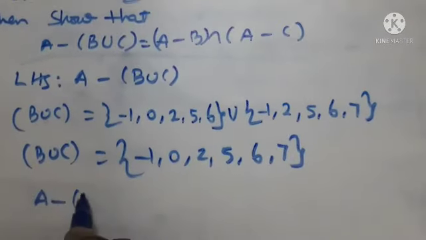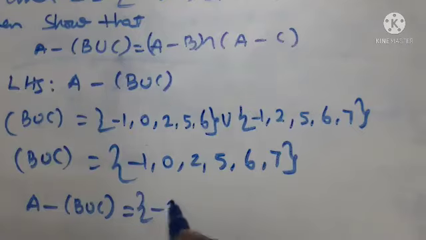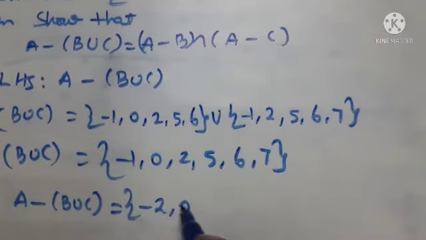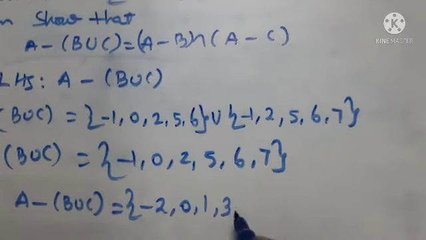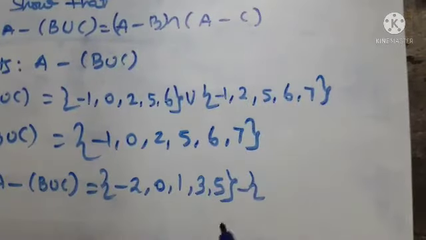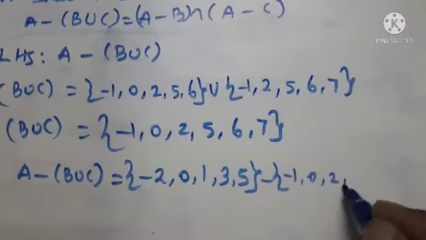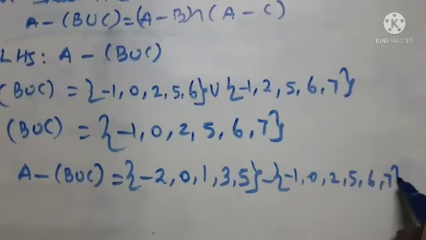A − (B ∪ C) is equal to: write the elements of A, {-2, 0, 1, 3, 5}, minus the elements of B ∪ C already found, {-1, 0, 2, 5, 6, 7}.